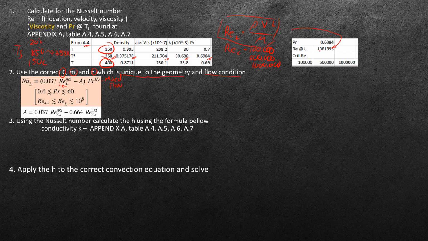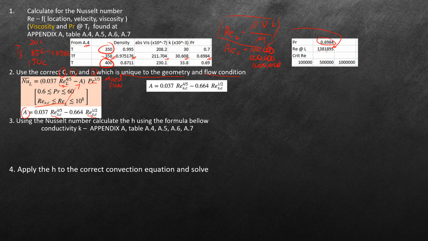This value, 1,381,895. And also specific critical Reynolds numbers, which will be used for this particular constant A, which will be plugged in this portion of the equation. We already know our Prandtl number from our table, which is already given here.